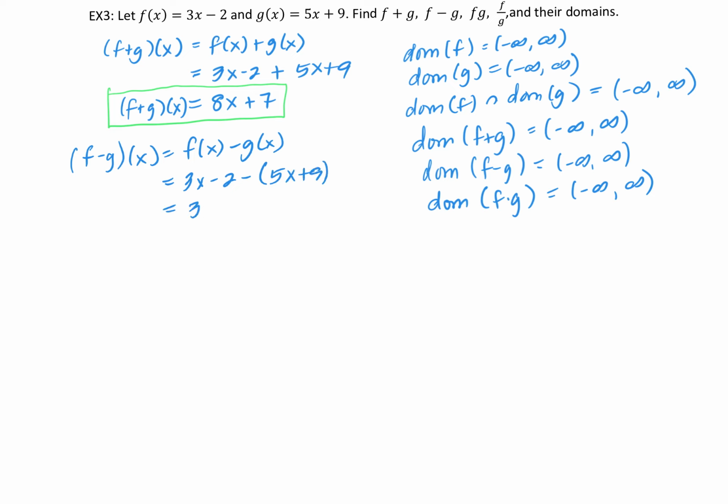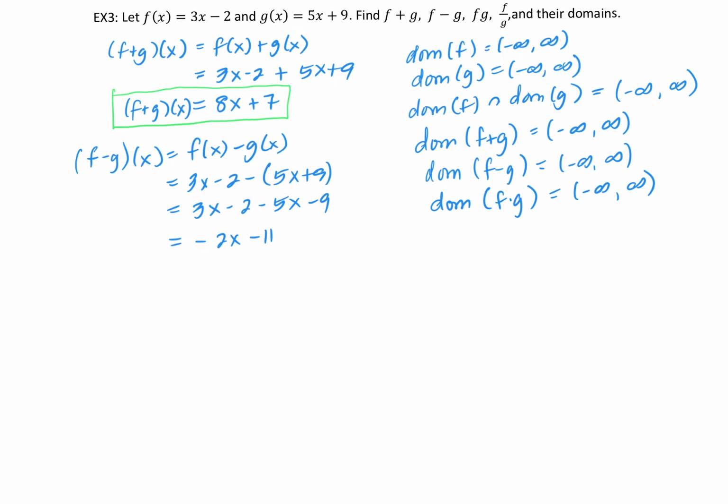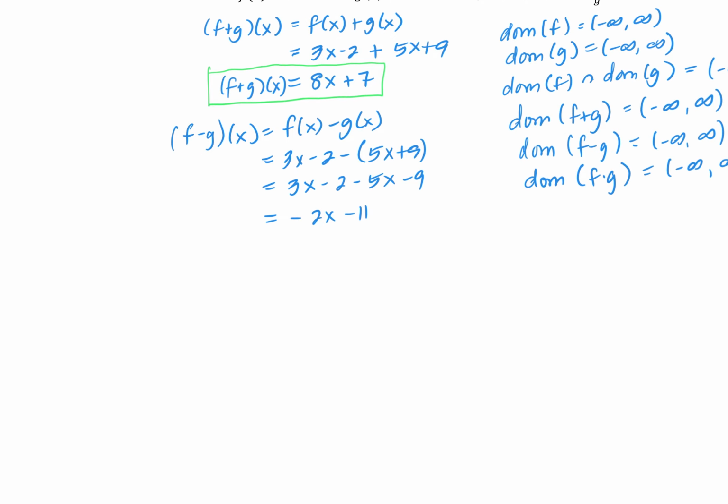To get 3x minus 2 minus 5x minus 9. So negative 2x minus 11. And that would be my new function, f minus g of x. And we've already got the domain.